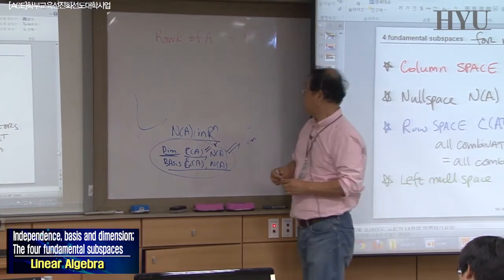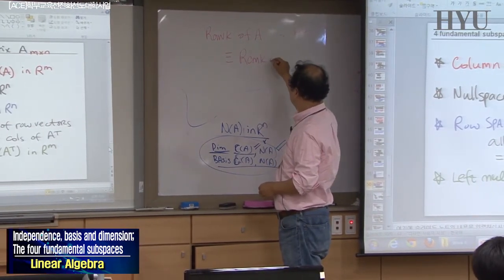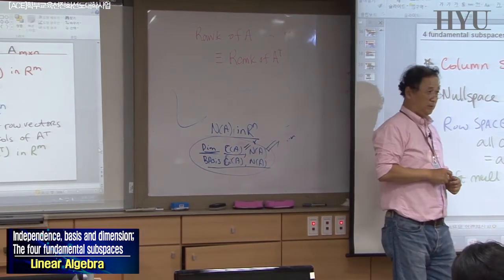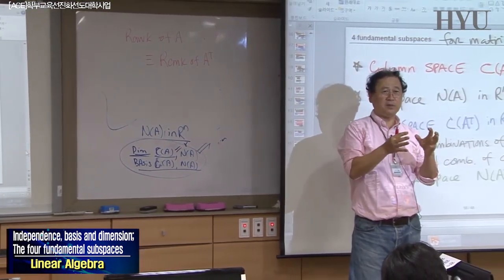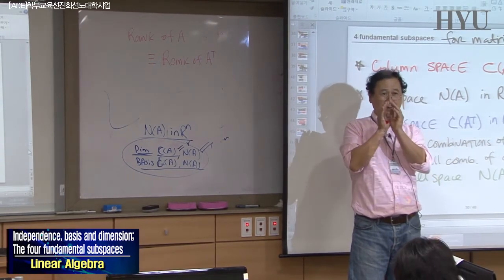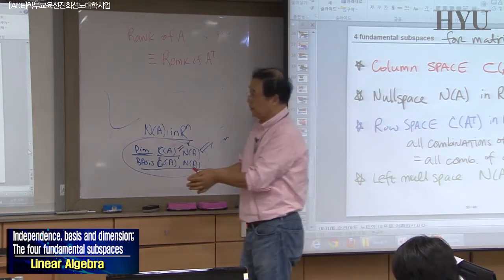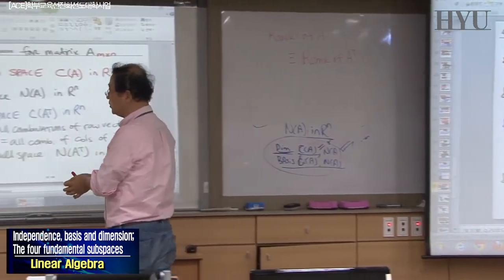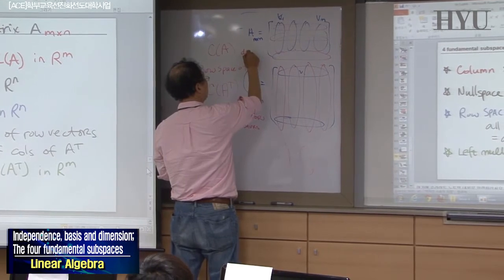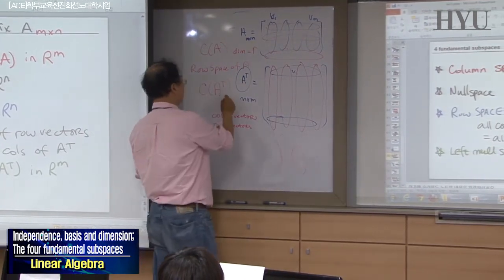So the rank of A is also the rank of A transpose. The number of independent column vectors is the same as the number of independent row vectors, so the ranks are the same. Then the dimension of the column space of A is R, and the dimension of the row space is also R.